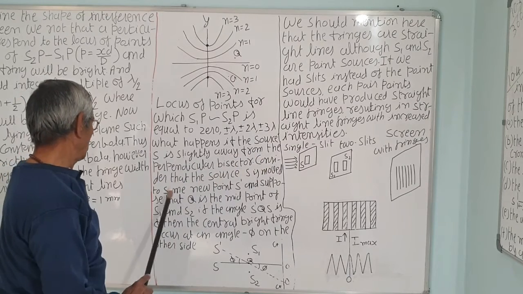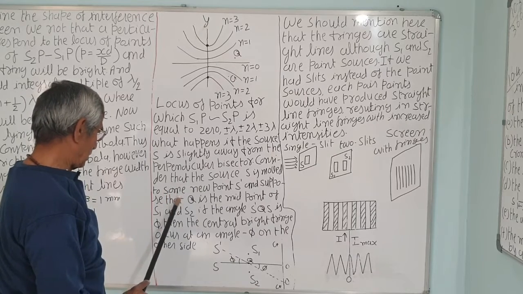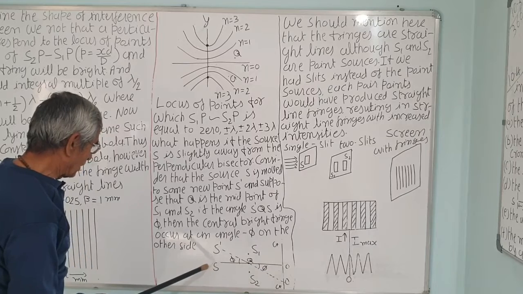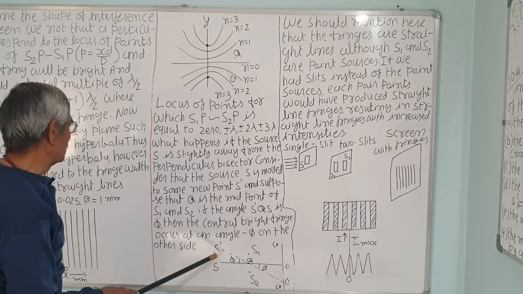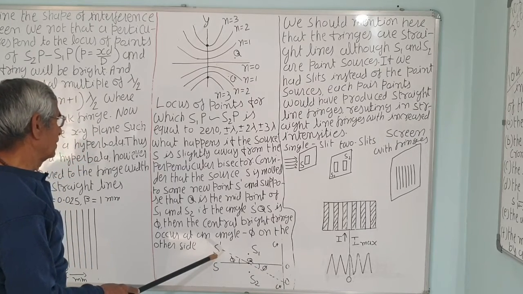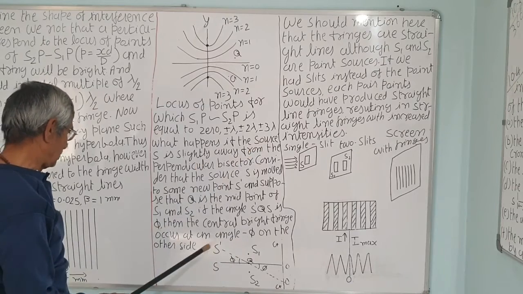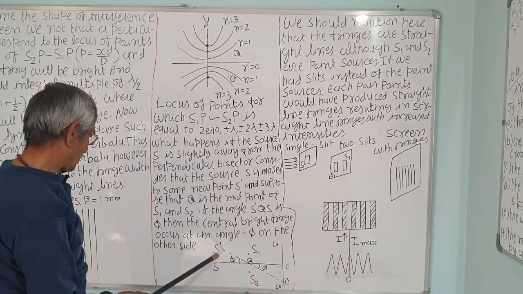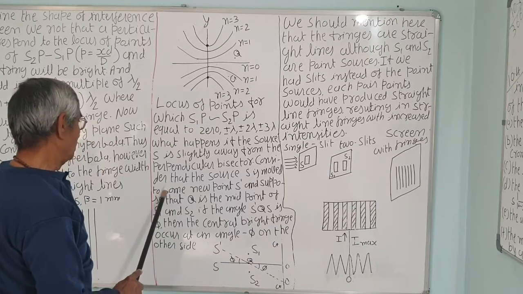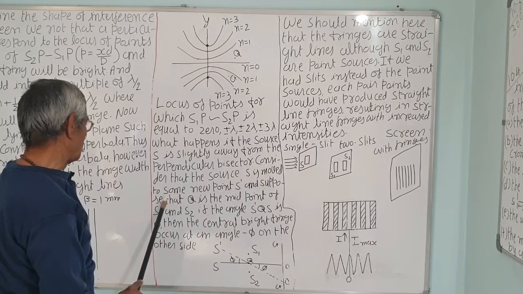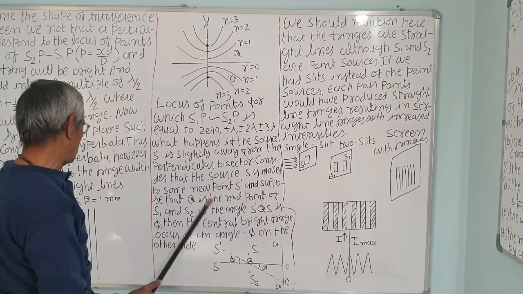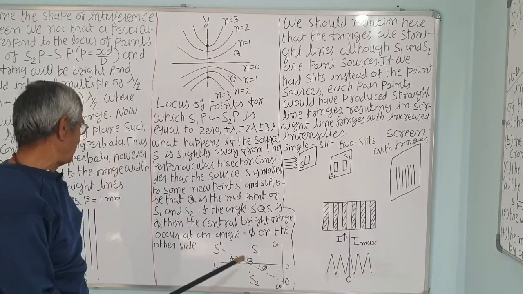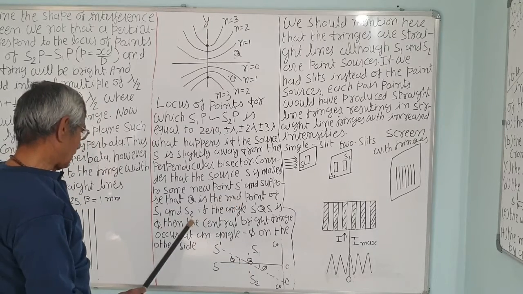Now what happens if the source S moves slightly away from the perpendicular bisector? Consider that the source is slightly displaced, that is, instead of S, it is placed at S dash. So the source S is moved to some new point S dash, and suppose Q is the midpoint of S1 and S2.